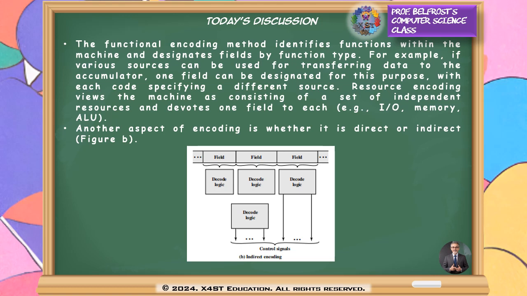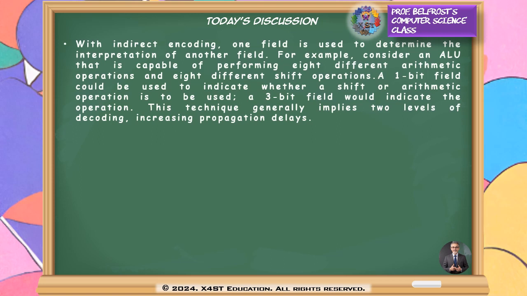Another aspect of encoding is whether it is direct or indirect, which is shown in the following figure. With indirect encoding, one field is used to determine the interpretation of another field. With direct encoding, it is not that way. This technique generally implies two levels of decoding, and it will increase propagation delays.